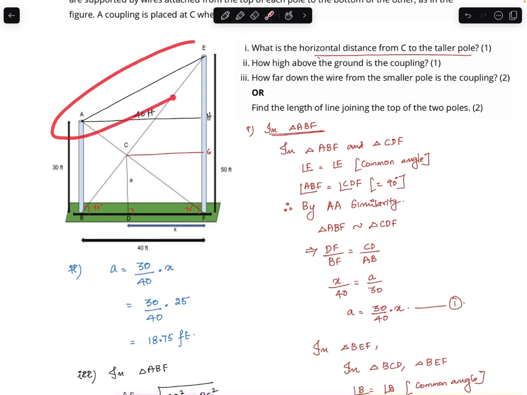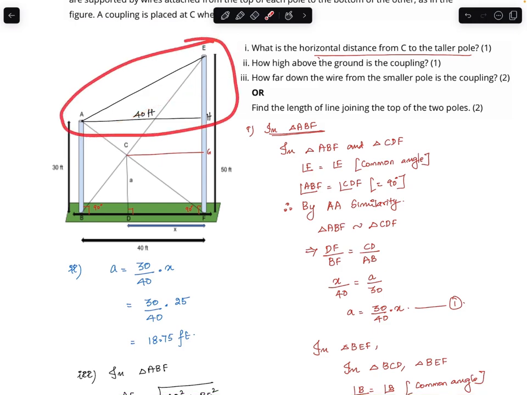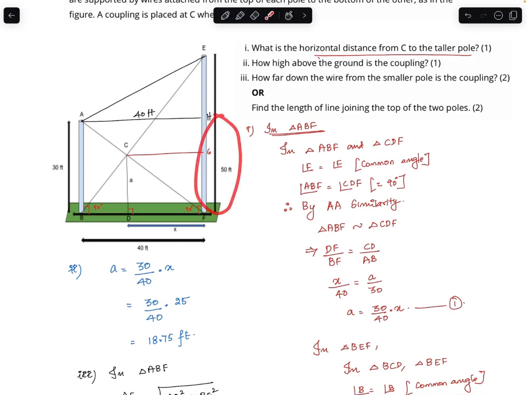Since we need this AE's measurement, we will consider the triangle AEH. AB is 30 feet, so HF is also 30 feet. From 50, if we subtract 30, we get EH as 20 feet. Now that we have 40 and 20, we can get the value for the hypotenuse AE.